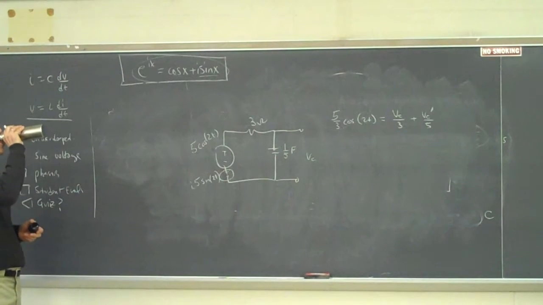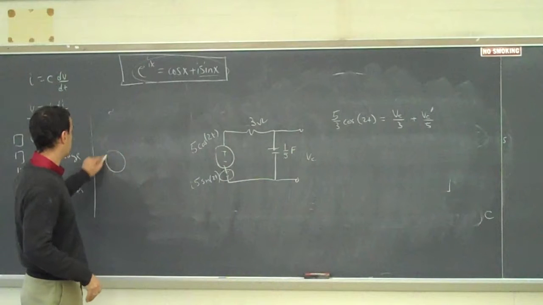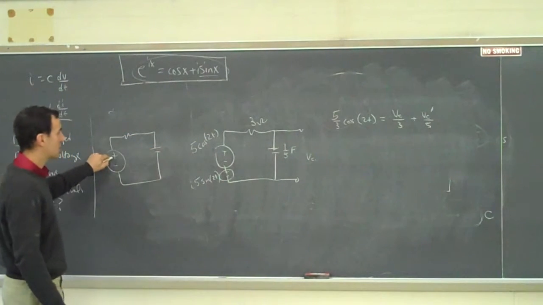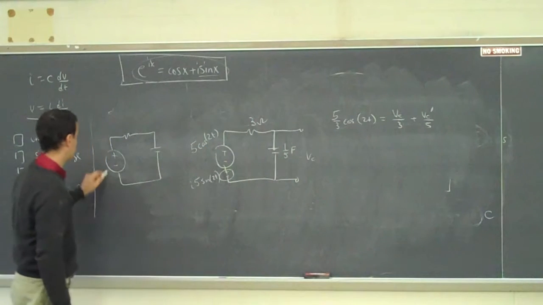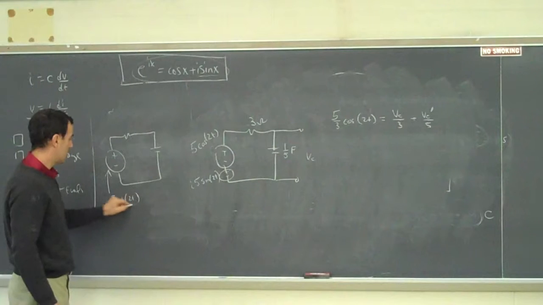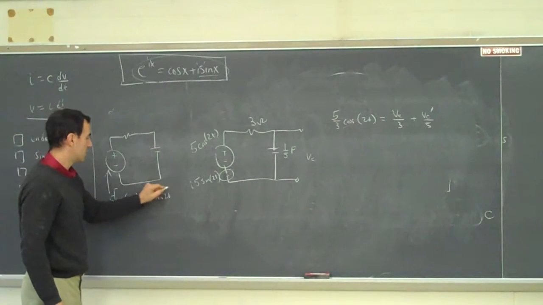They might be able to produce something close, but they'll never give you pi. So I've got those two voltages. They're back to back, so this circuit can be rewritten like this. I combine those two voltages into one, which is 5 cosine 2t plus I sine 2t.